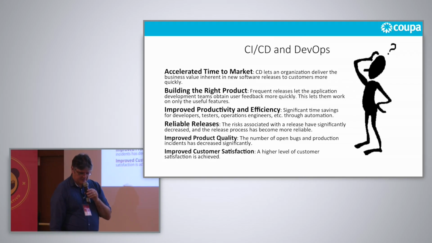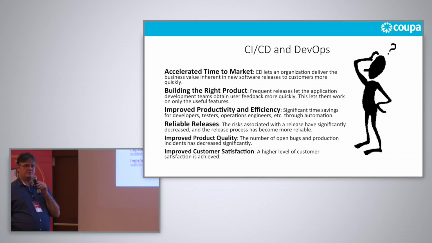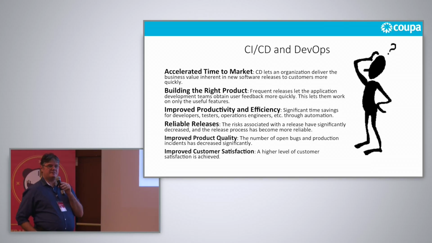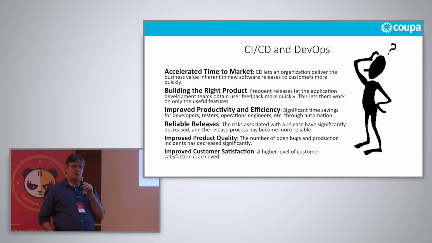One of the things we can ask is why CI, CD, and DevOps. Why must we have these practices? For example, to accelerate the time to market. How much time does it take you to have a new feature and release it? How many days is the normal cycle in your software?